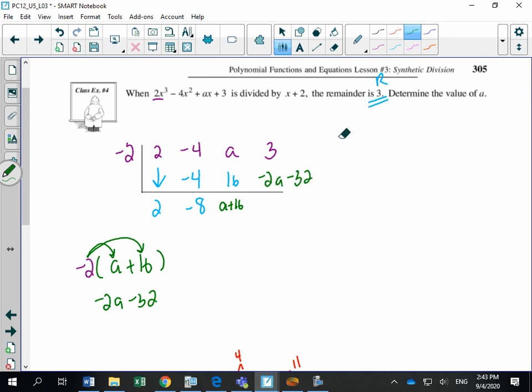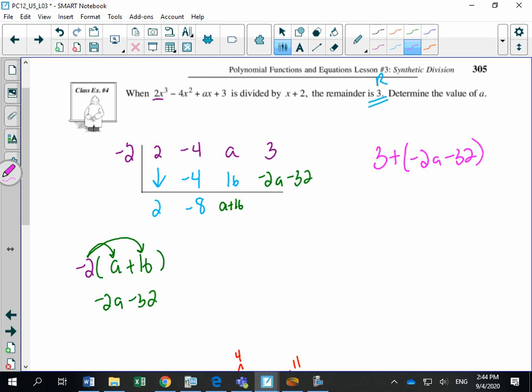Okay, then how you get the remainder here. Now we do know that the remainder is 3, but how you get that remainder is this plus this, right? So let's figure out what this plus this is, because how we get the remainder is we add these two. So let's do that off to the side. 3 plus negative 2a minus 32.